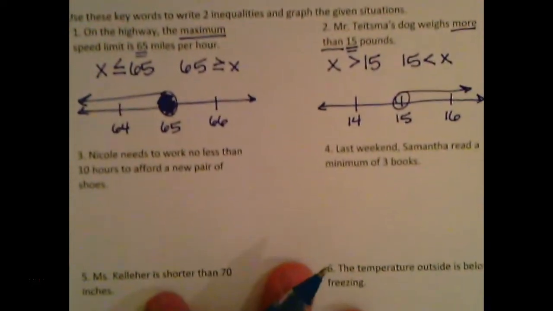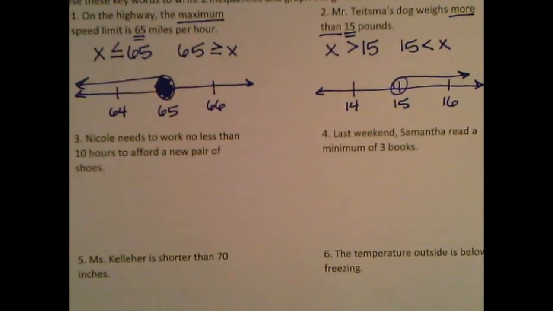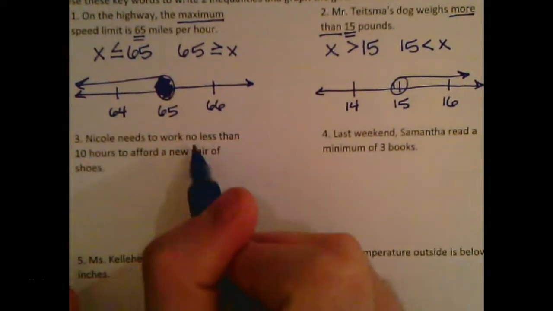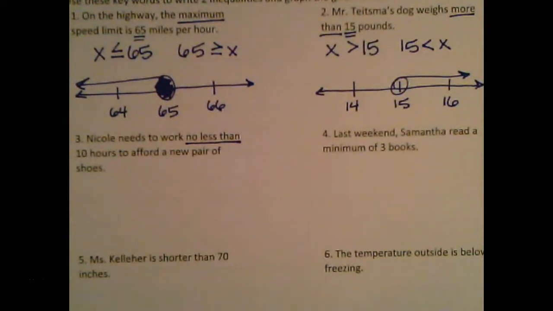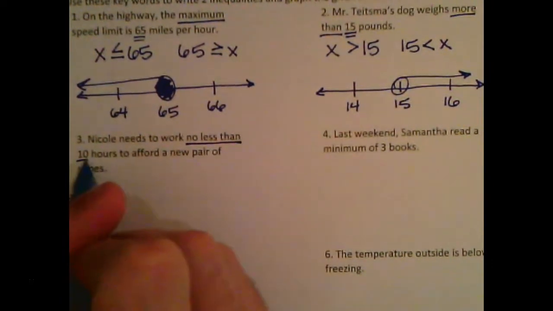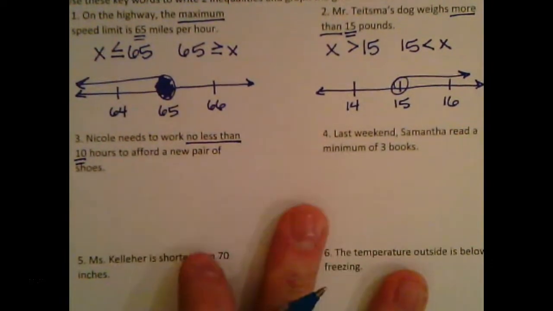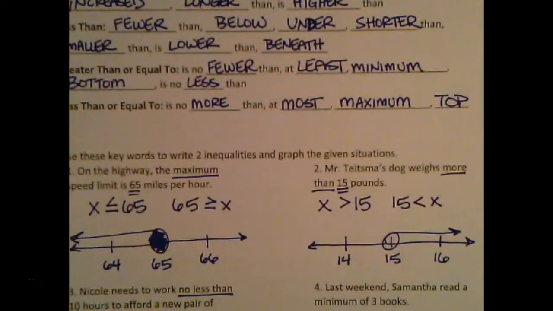All right. Number 3, Nicole needs to work no less than 10 hours to afford a new pair of shoes. The keywords in here that help us to figure this out is "no less than." Okay, and then we have the number 10. So, is "no less than" greater than or less than?